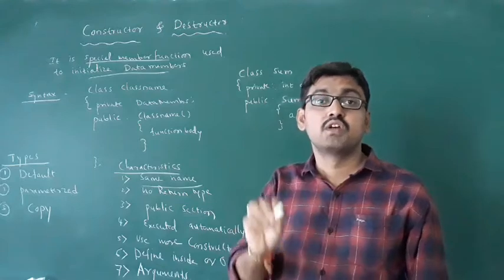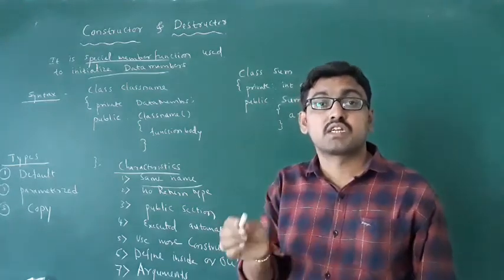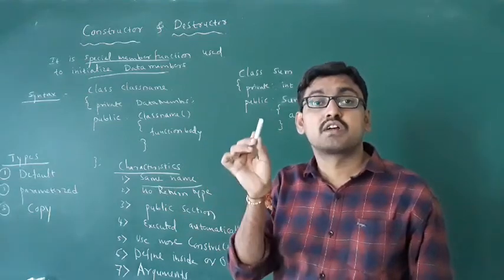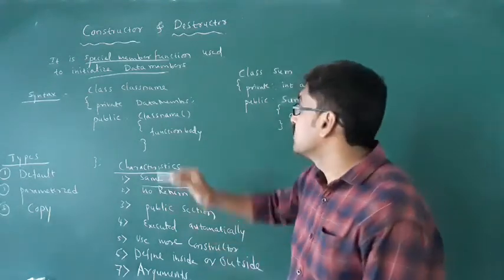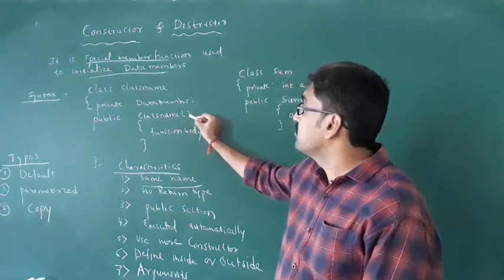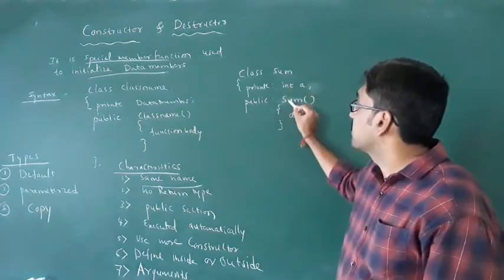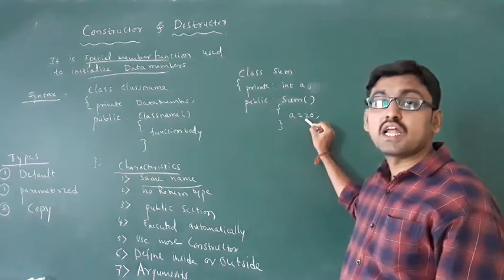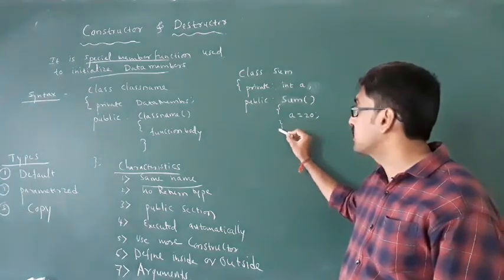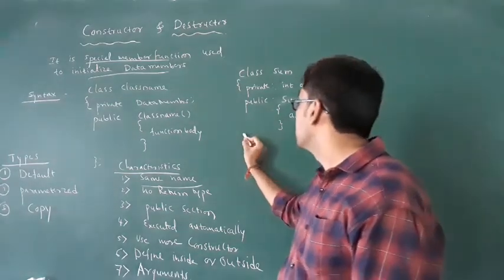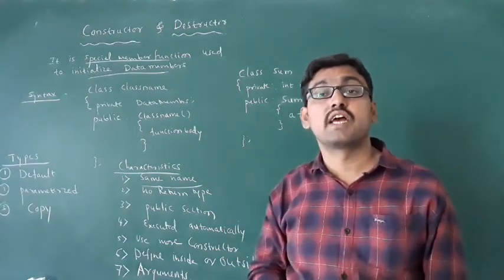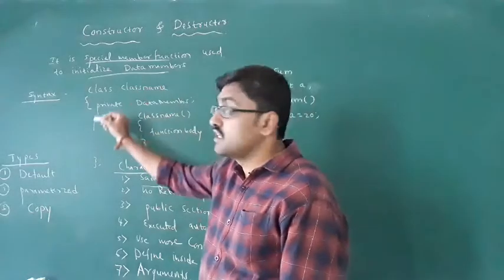Must and should, you have to write the constructor in the public section, not in the private section. This is also one of the characteristics of a constructor. Got it? See, class name, then brackets. Sum is the class name. Then the function body means you have to initialize the data member, then close the bracket, then close the class. Like this. See, this is the syntax.